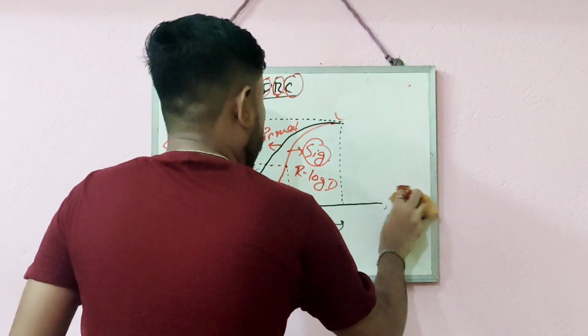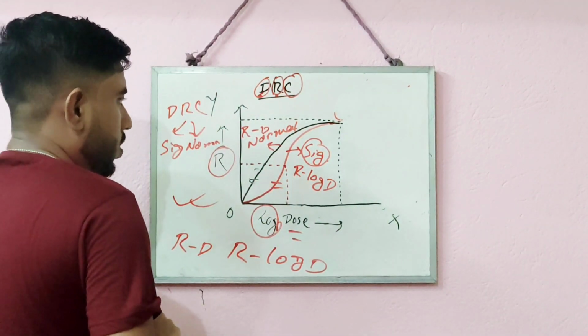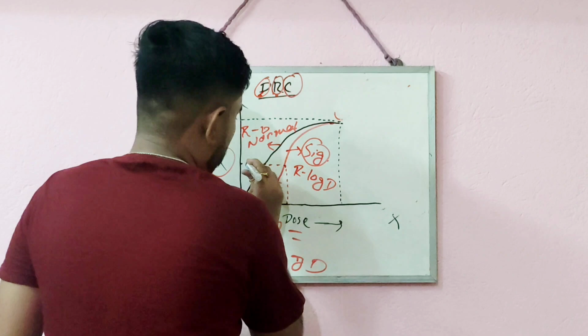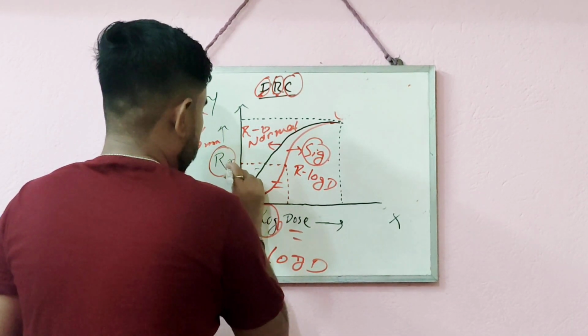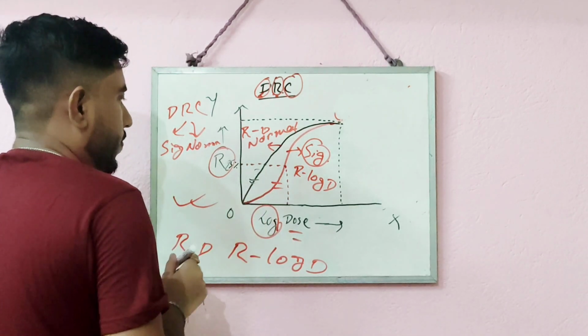From that part only we can see two dots, or two different points. One point is at 50%, or we can say 25%, just suppose that is 25%.